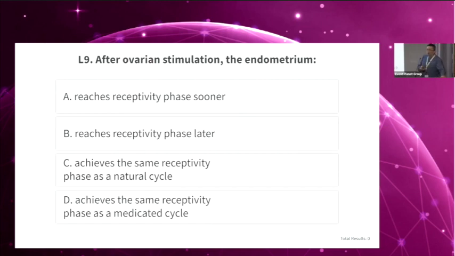After an ovarian stimulation, what do you think happens to the endometrium? Let me give you a little bit more time to read and understand. So what do you think happens to the endometrium?